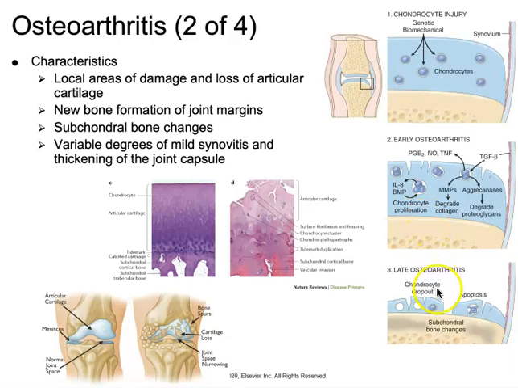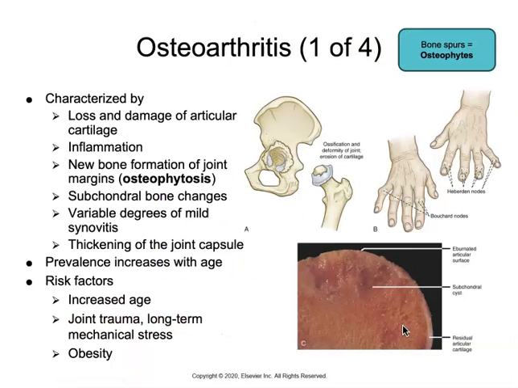As a result, our cartilage is going to become thin or absent in certain areas. Our subchondral bone, which is that underlying bone that we see over here, is unprotected and it starts to become sclerotic, meaning dense and hard, and it can also develop cysts like we saw in the previous slide over here where it says subchondral cyst.